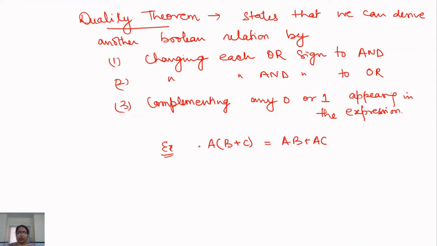The new expression, or its dual form, is A, here it is AND, change it to plus sign, B, C, OR to AND, AND to OR. So this is the dual form of each other, right?